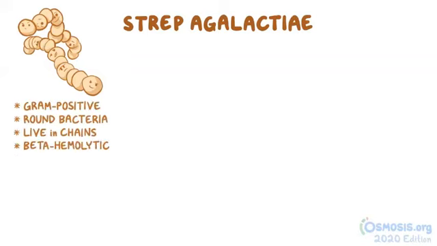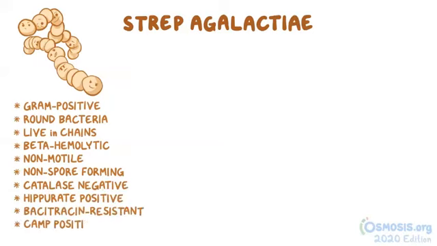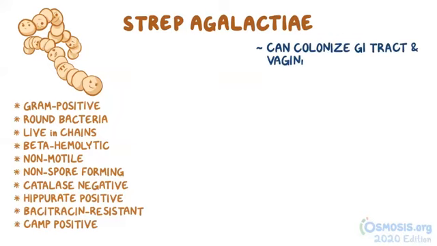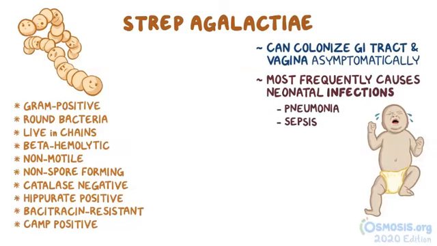It's beta-hemolytic, non-motile, non-spore-forming, catalase negative, hippurate positive, bacitracin resistant, and CAMP positive. This bacteria can colonize the gastrointestinal tract and vagina asymptomatically. Most frequently, it causes neonatal infections like pneumonia, sepsis, meningitis, and septic arthritis.